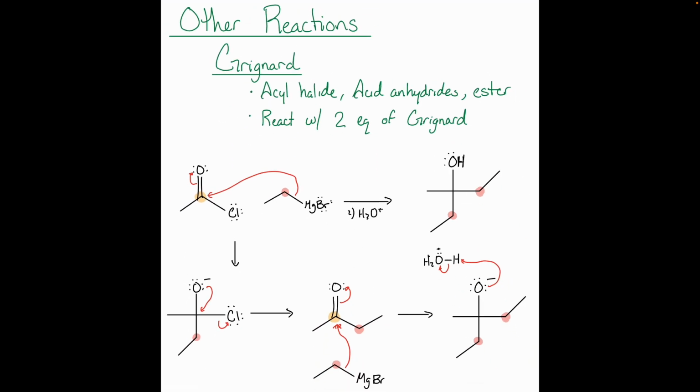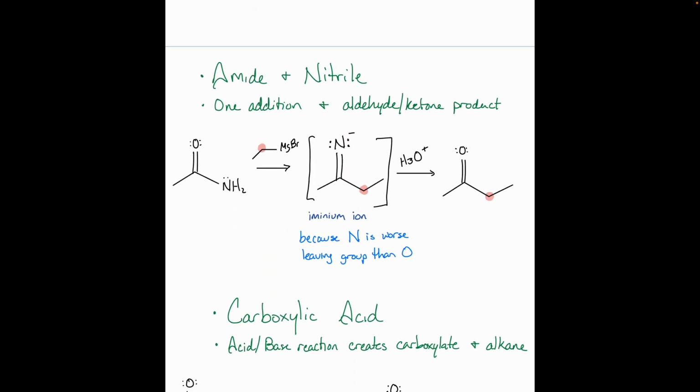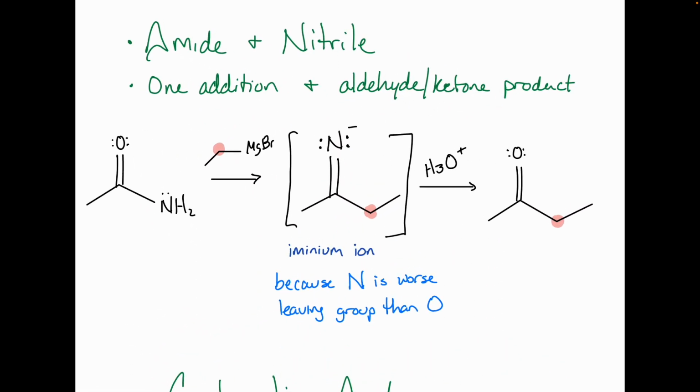We talked about how Grignards react with acyl halides, acid anhydrides, and esters, undergoing 2 rounds of nucleophilic attack, giving us this twice substituted alcohol product here. If we have amides and nitriles, because of that nitrogen on there, which is a terrible leaving group, we get this kind of weird iminium ion intermediate. And once we do our acidic workup, we're going to be left with a carbonyl group instead, right?